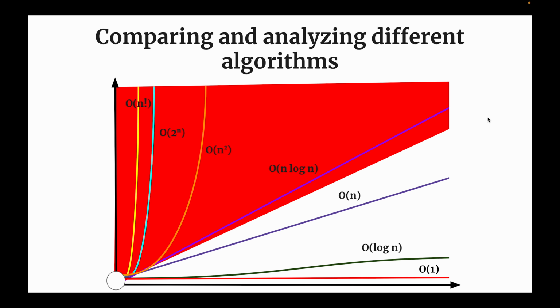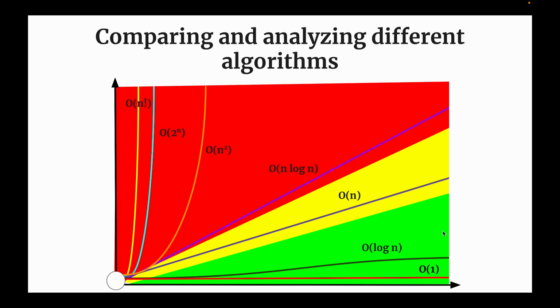Algorithms with average time complexity, such as big O of n, are considered quite efficient as their runtime grows linearly with the input size. However, algorithms with lower time complexities, such as big O of log n or big O of 1, are considered more efficient as their runtimes remain constant or grow logarithmically with the input size.